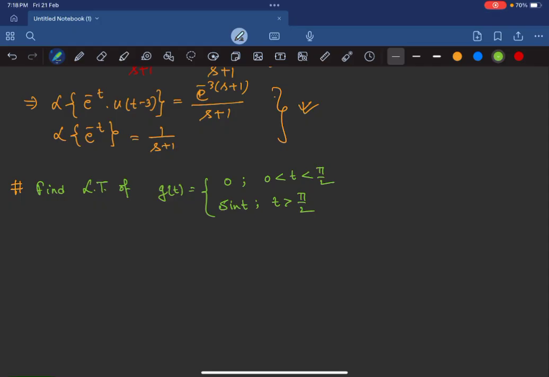Here, the first work will be to express this in terms of unit step function.